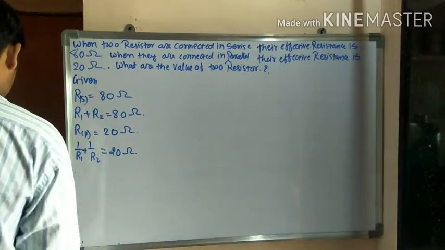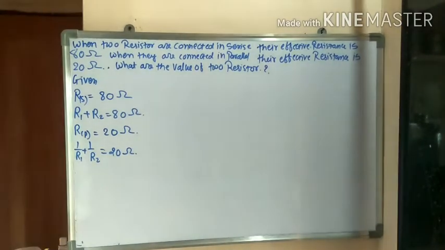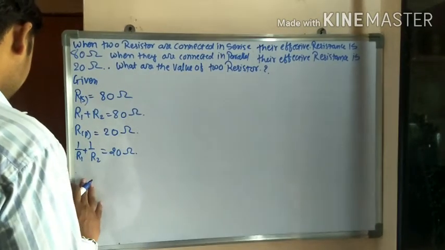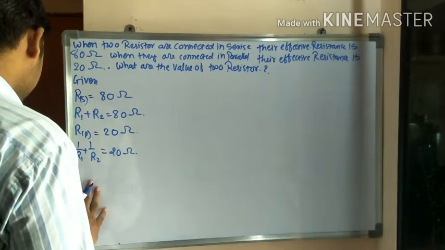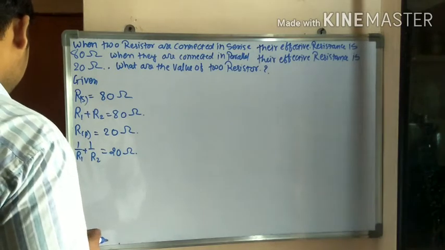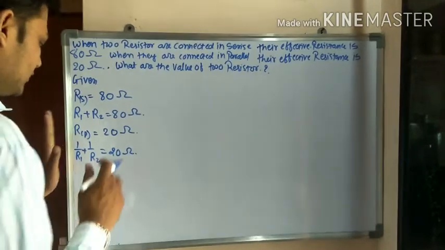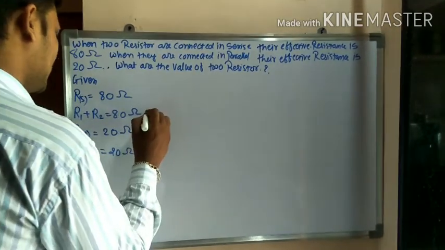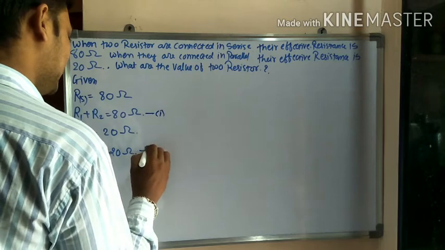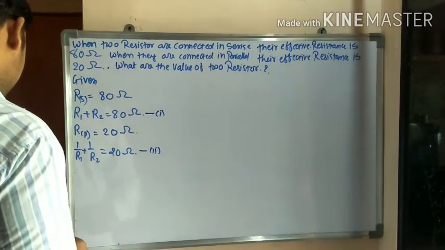So here we get the hint: a combination of two resistors, connected in series and in parallel. For that we have to check whether these two quantities are mixed up with each other or not. Make it equation first and equation second.